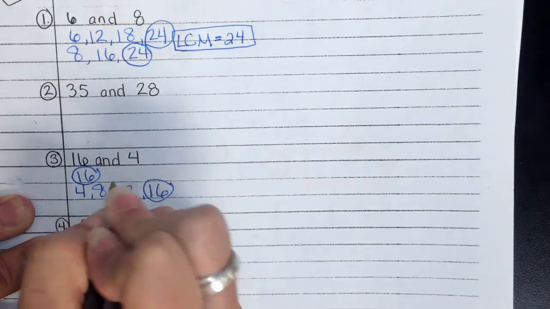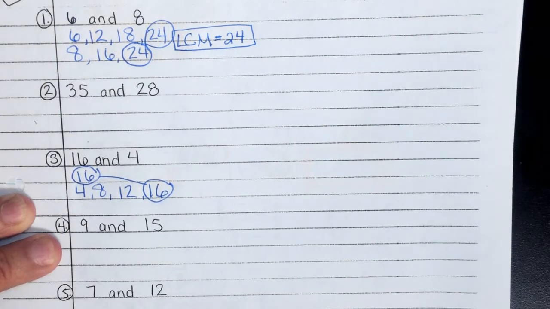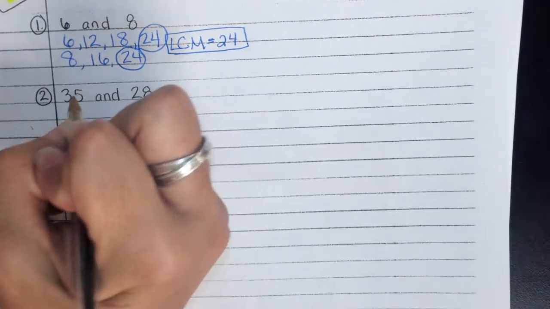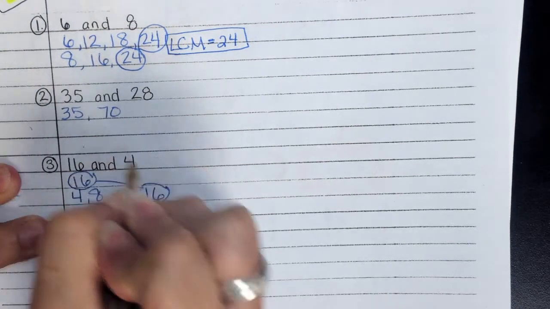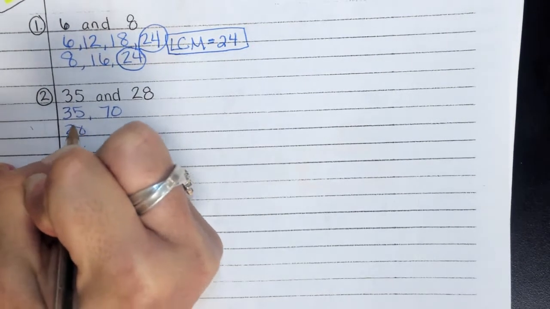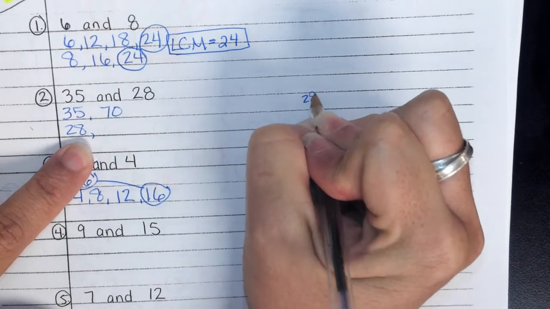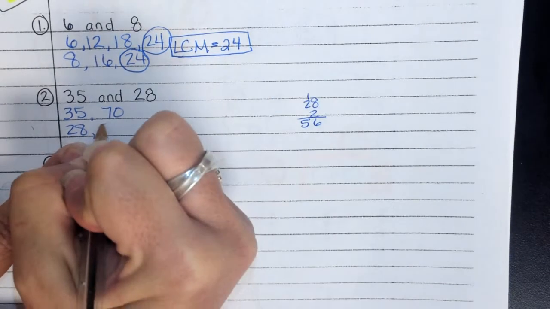Now, when you get to a weird one, like 35 and 28. No, listen, y'all are thinking wrong. You're going to have to go up with these numbers. So 35 plus 35 is 70. So now I got to start thinking, well, 28 times 2, and over here, I got 56.